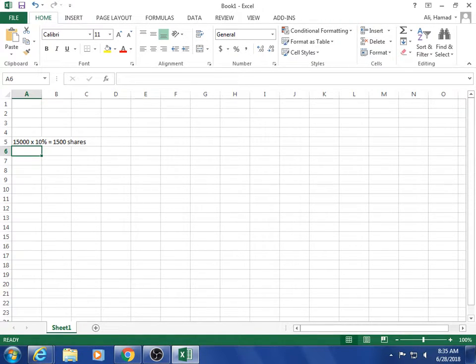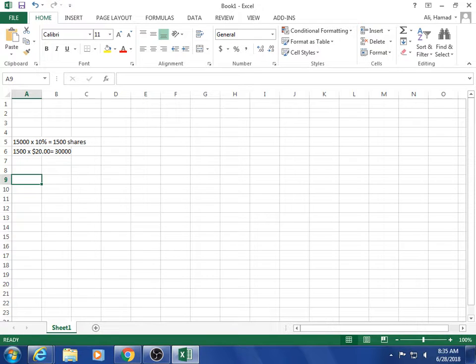So we're going to say 1,500 times $20, and that gives us $30,000. Now we figure out how many shares are given and what their value is.